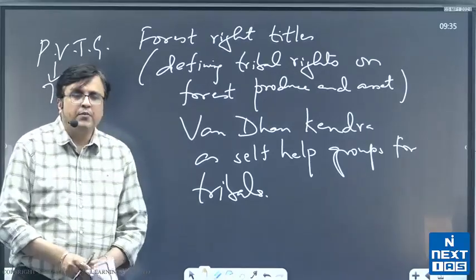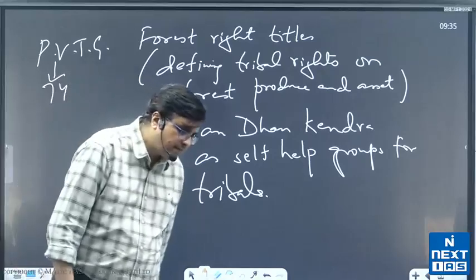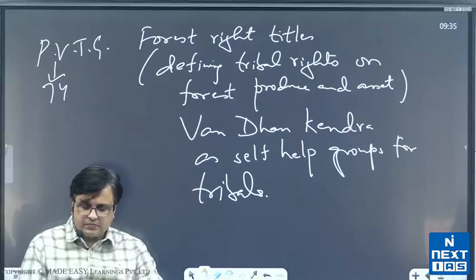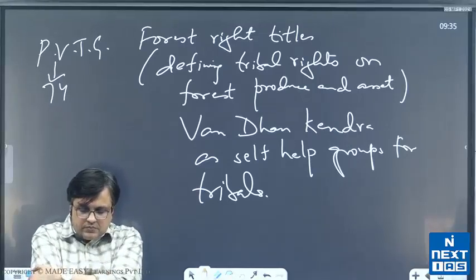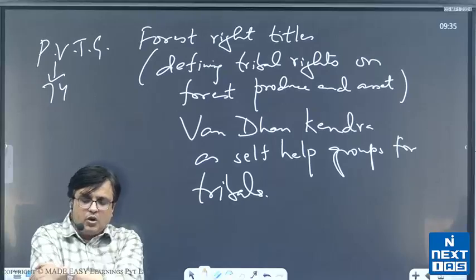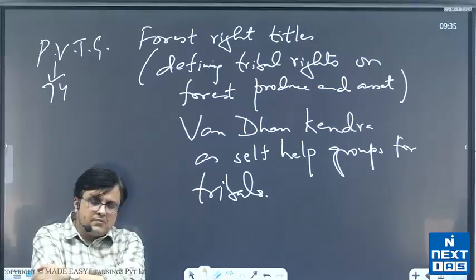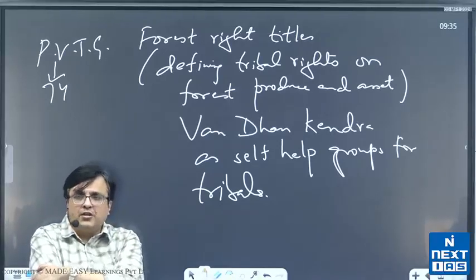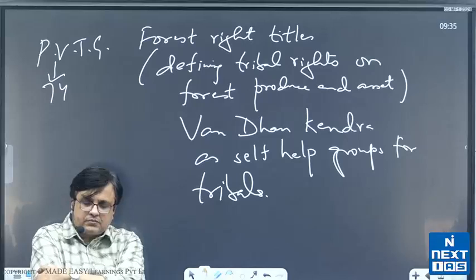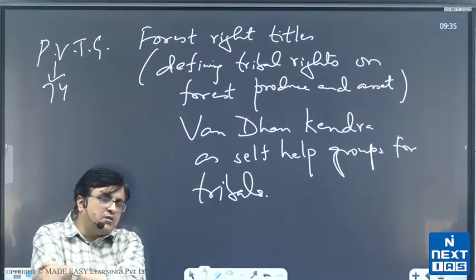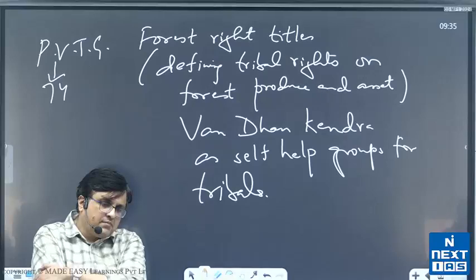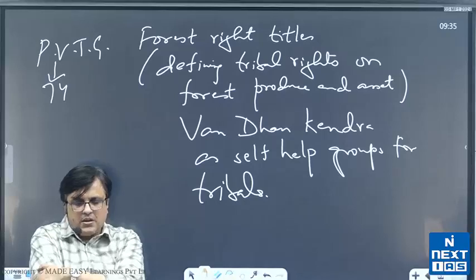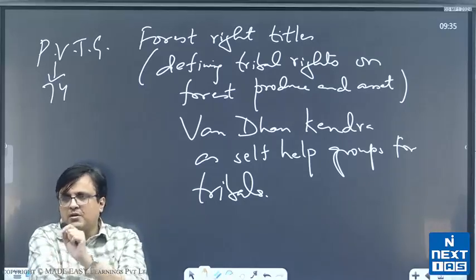You write 4th, provision of housing facilities to all PVTGs spread over 18 states and 1 UT. Full stop.